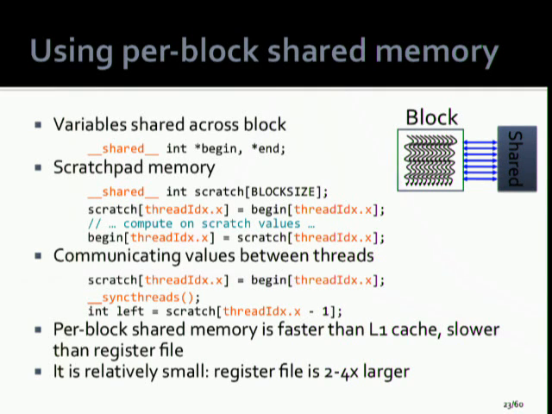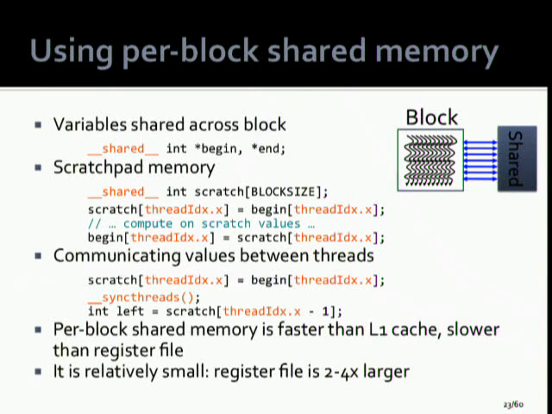Then, for example, we could grab the element from the thread to our left. That's a very common idiom: all the threads in a thread block put something into shared memory, then we synchronize, and then we pull out something that we didn't compute ourselves.